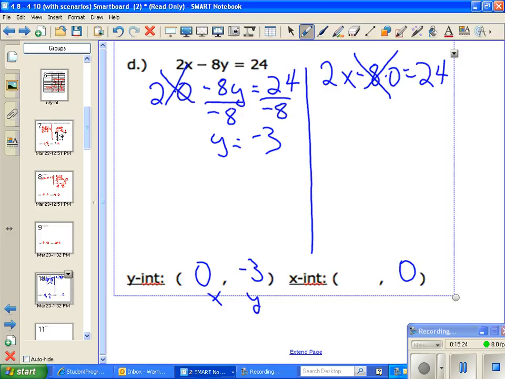It's 0. So you're left with 2x equals 24. X-intercept is what then, Zoe? Good. X equals 12. Why I think this way is easier is because you know that this just disappears and you're left with just the 2x. Questions on D?